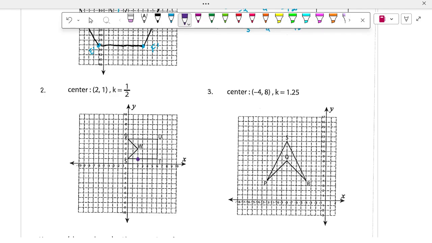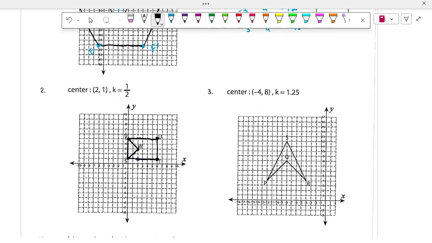All right. Now, it's kind of hard to see, but these are the original plots. So that's V, S, W, T, and U. Now, we're going by a scale factor of 1/2, so we're technically doing what?